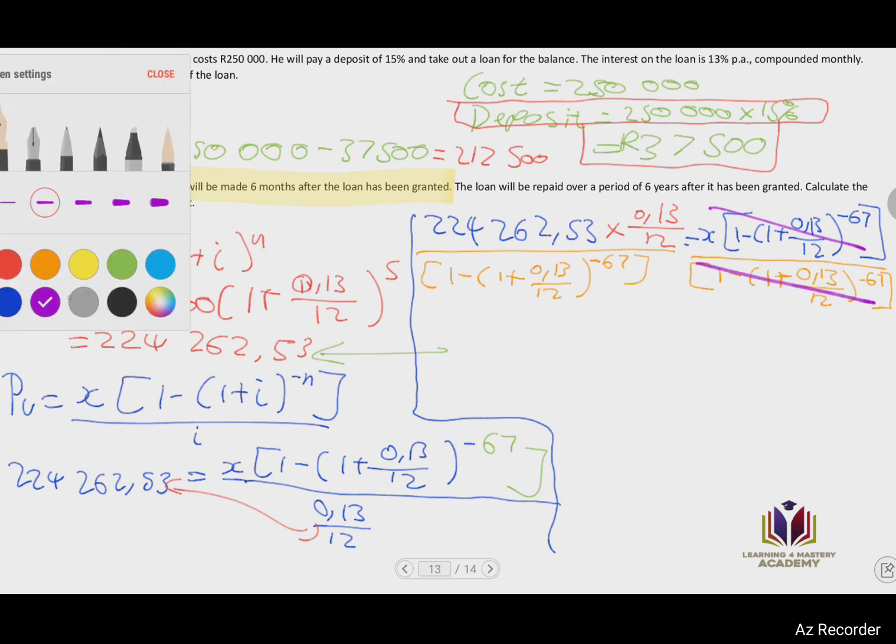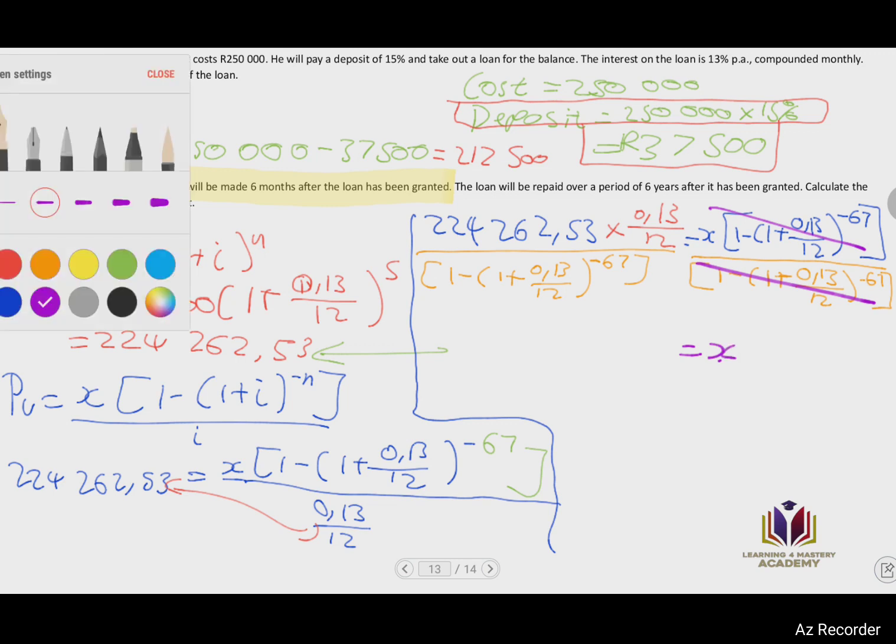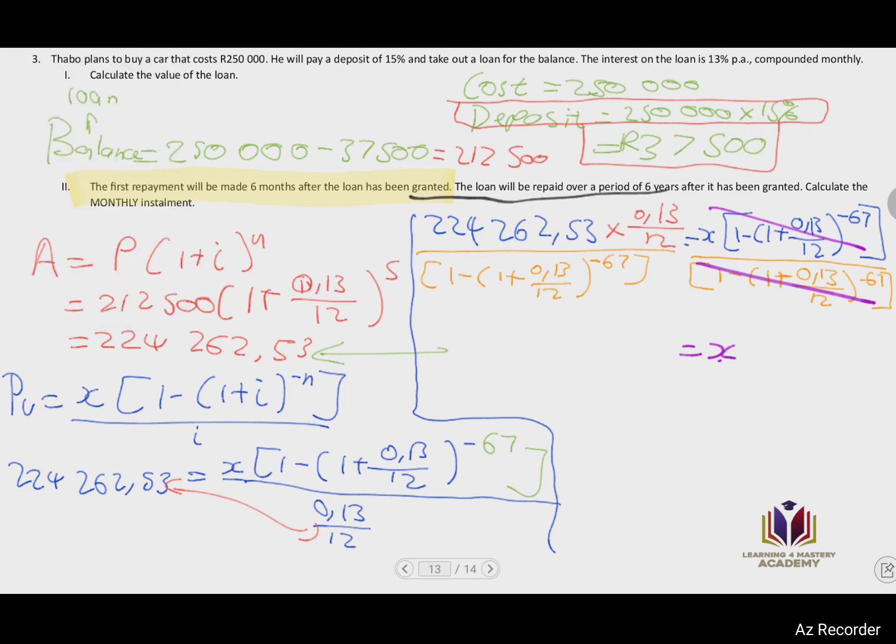Then you're going to say your X is equal to, then you take this and put it in your calculator as it is. You're using a scientific calculator. Trust me when I say that entire number can fit into your calculator if you punch everything correctly.